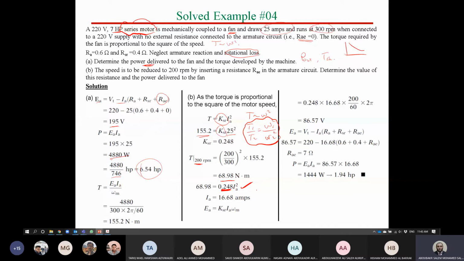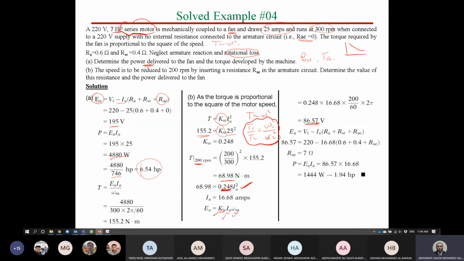After getting the current, we need to get EA in order to get the value of R. So let's calculate EA now. EA equals K series multiplied by IA by omega. This is for the series motor. We have K series, we have the new value of current, and the motor speed is given. So we can substitute in the equation to get the new value of EMF.